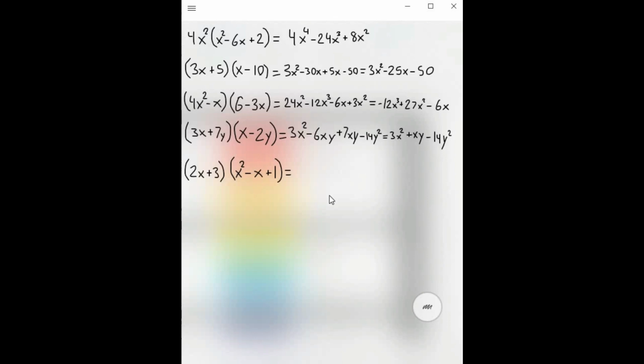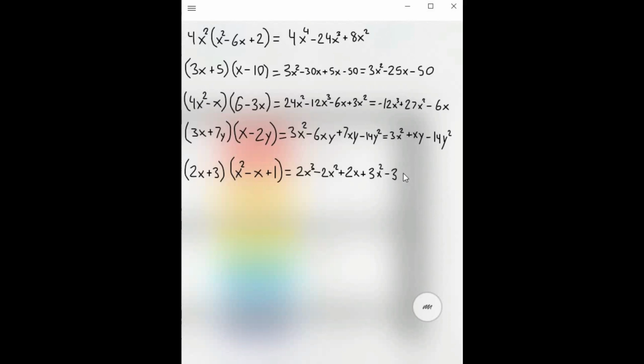And again, FOIL method. This time we're going to have 2x times x squared, then we're going to have 2x times minus x, then we're going to have 2x times plus 1, then we're going to go to the next number in the first bracket, which is 3 times 3x squared, then we're going to have 3 times minus x, 3 times 1.